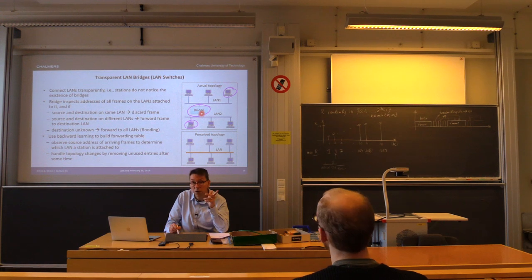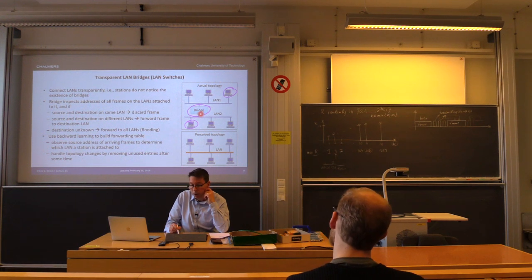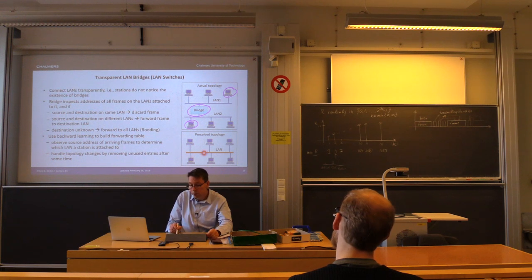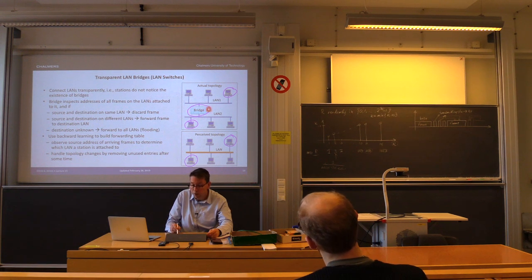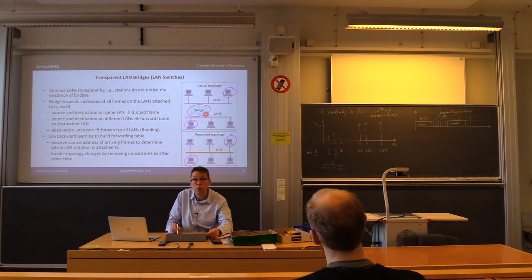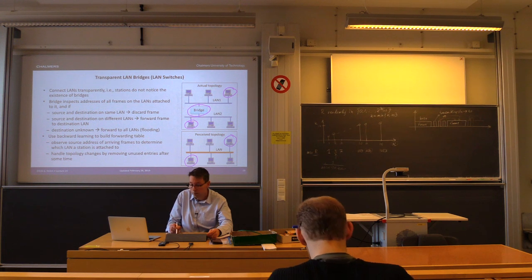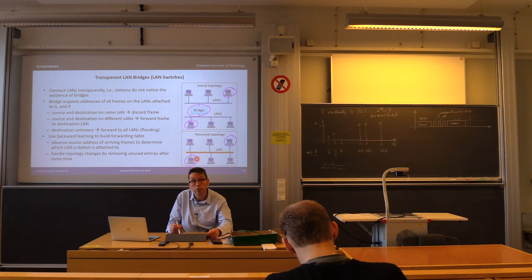And we will see how we can do this later on. Nevertheless, the resulting logical topology would look something like this. So the host which is down here and the host which is up here seem to think that they are connected to the same physical LAN, even though they are not, because they have a bridge in between. But this bridge is invisible from the perspective of the hosts.